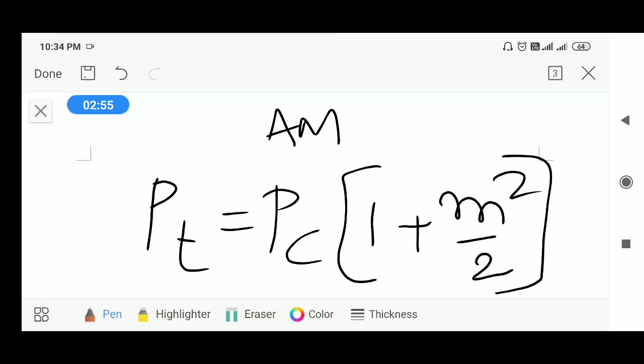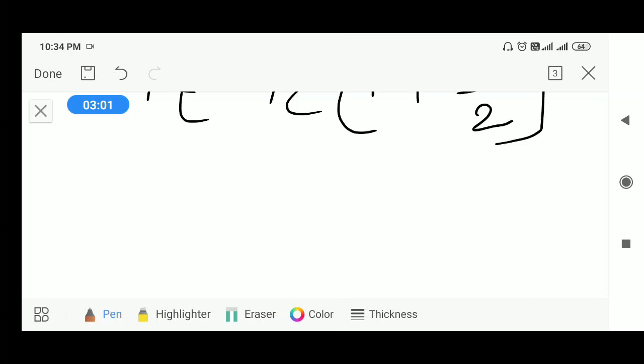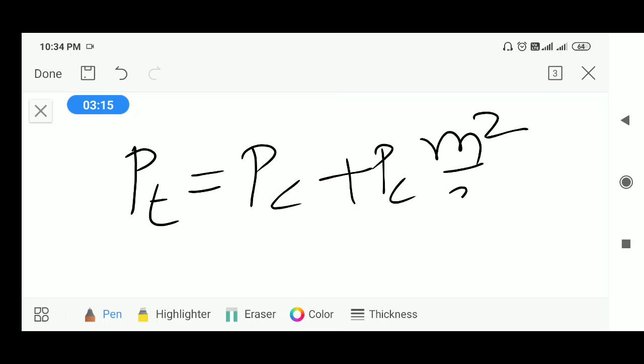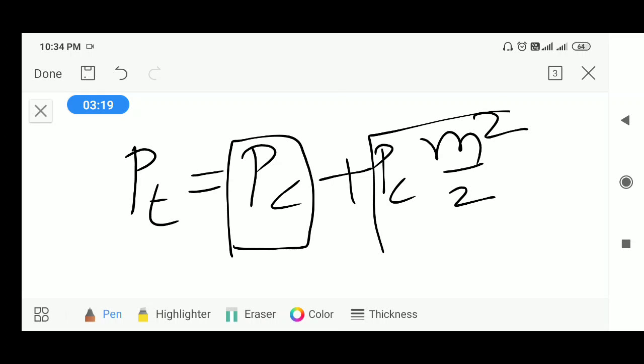This is the formula for total power, and you can write it another way also. PT is equal to PC plus PC into m square by 2. Here the first term indicates carrier power, the second term indicates sideband power.